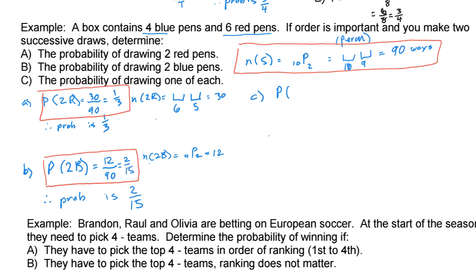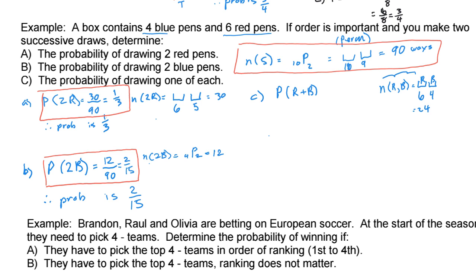So the probability of 1 red and 1 blue, and we can calculate it using the placeholder method. So we go red and then blue, which is just, for my red, there are 6 possibilities. And then for the blue one, we have 4 possibilities, which gives us 24.